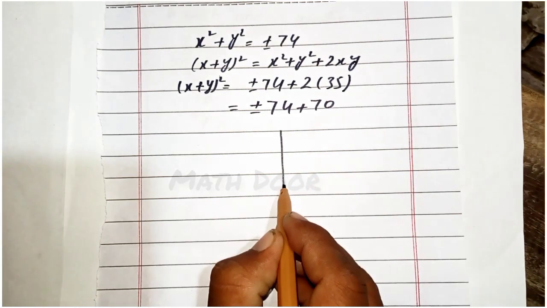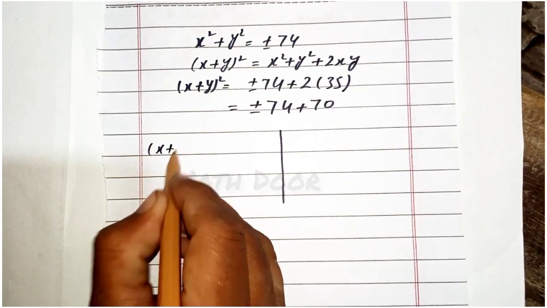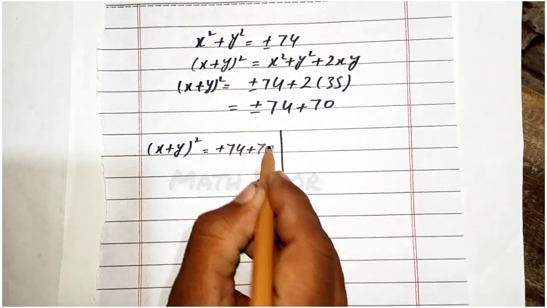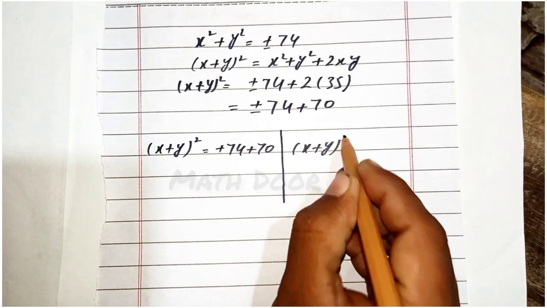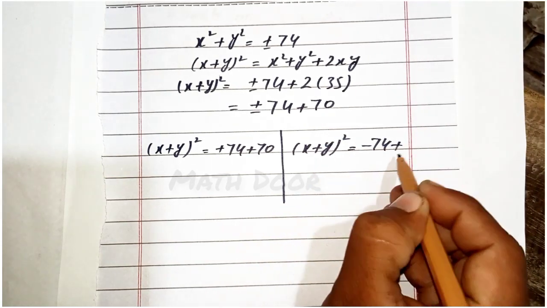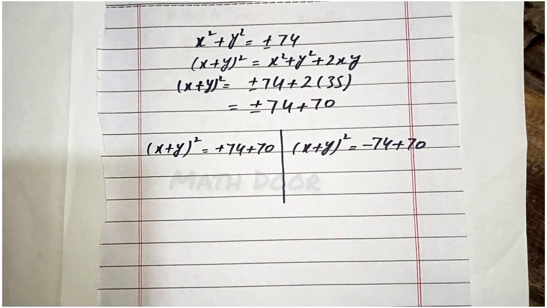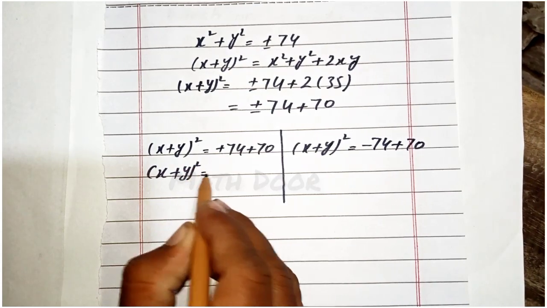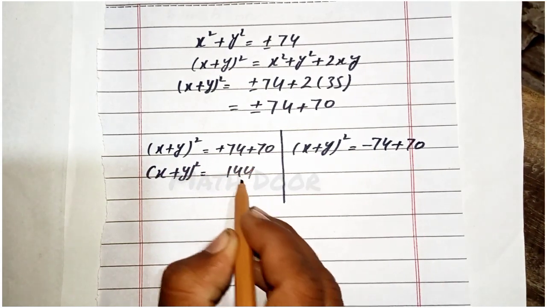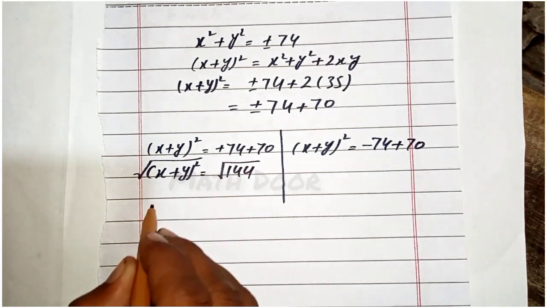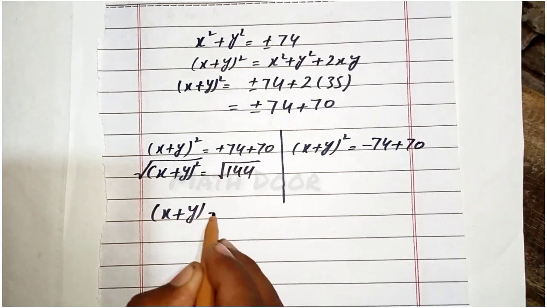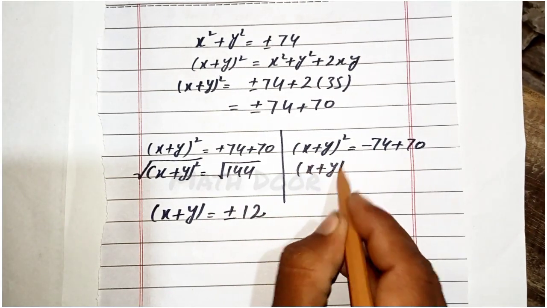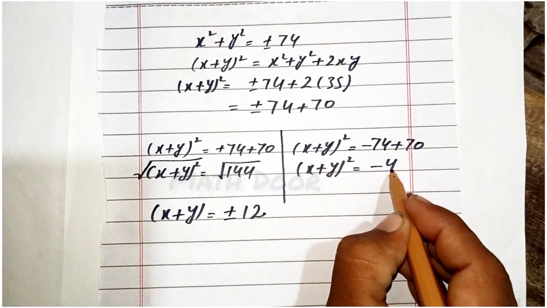From here we have two cases: (x plus y) square is equal to 74 plus 70, and (x plus y) square is equal to minus 74 plus 70. (x plus y) square is equal to 144. Take a square root on both sides. We get x plus y equal to plus minus 12, and (x plus y) square is equal to minus 4.